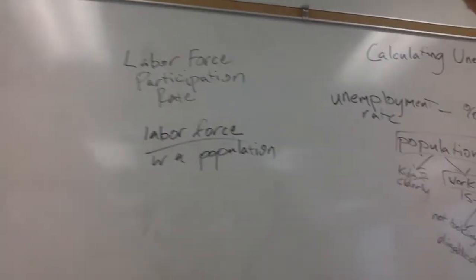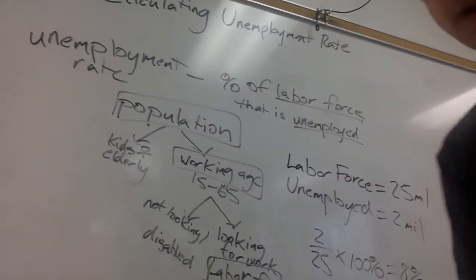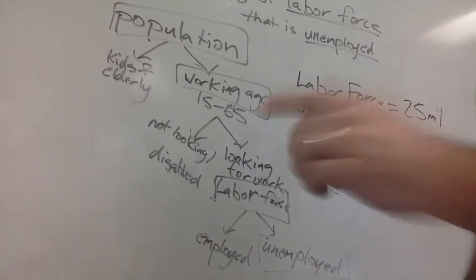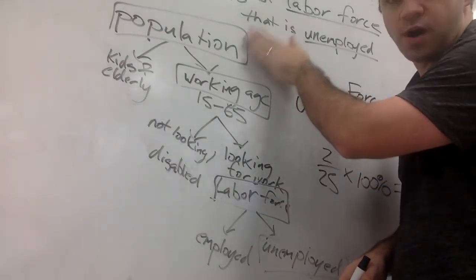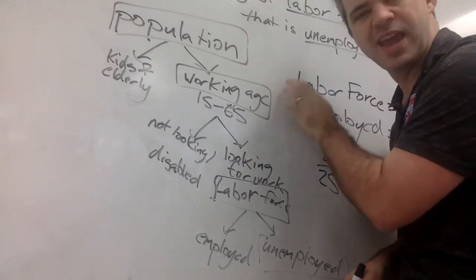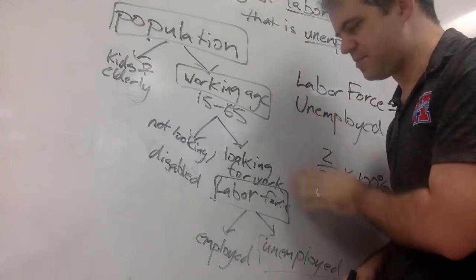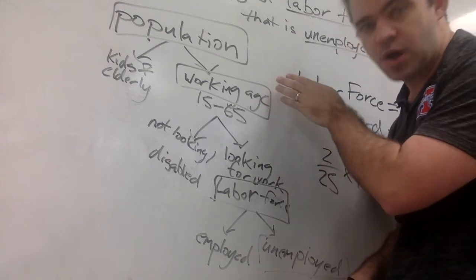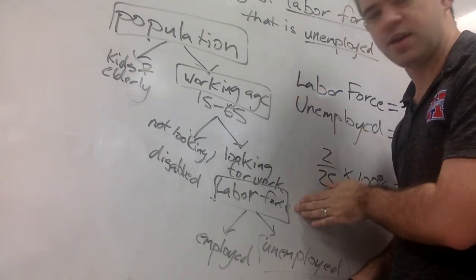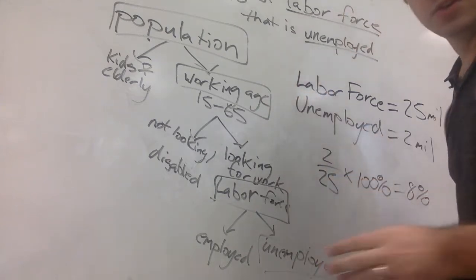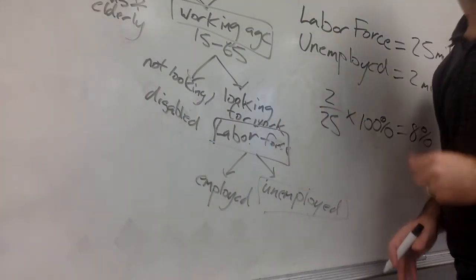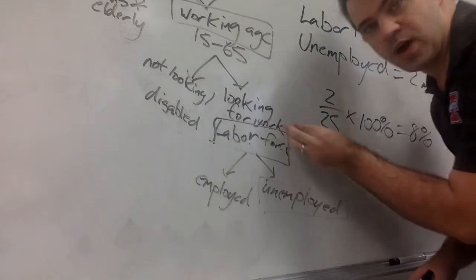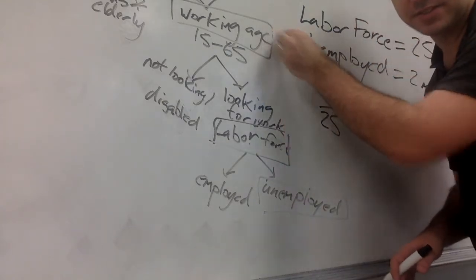So remember before, we had our whole population, we've got our working age people, and then below that, the ones who are looking for work, we call that the labor force. So unemployment rate was this out of this. Labor force participation rate was this out of this.